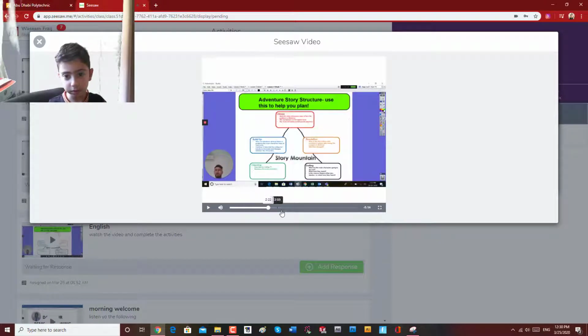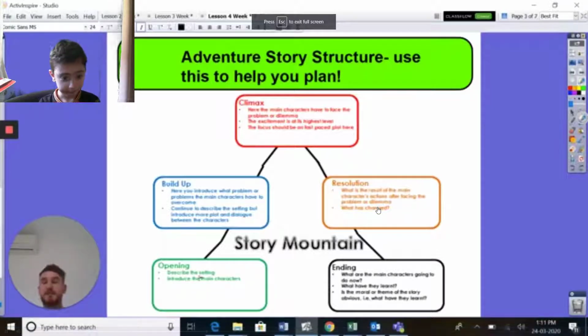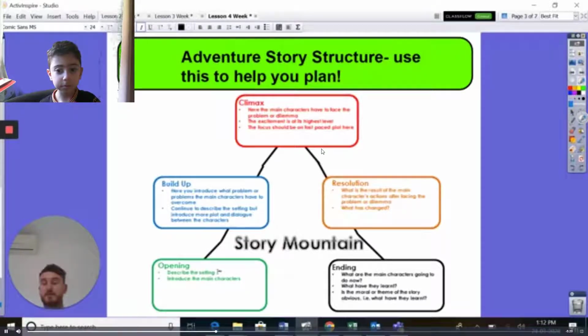Yes, the story mountain. Opening: make doubly sure that you've introduced your setting. You've really described it well, okay? So the test for that description of your characters and your settings should be that the readers... So, like we said, the opening is where we introduce the main characters and we describe the setting.